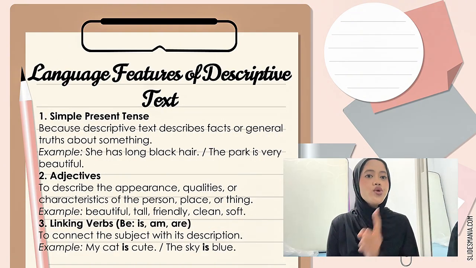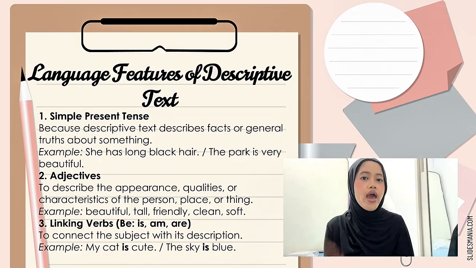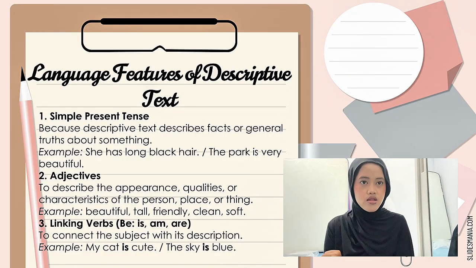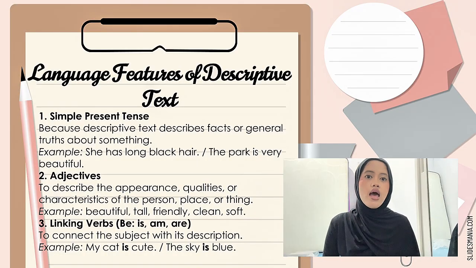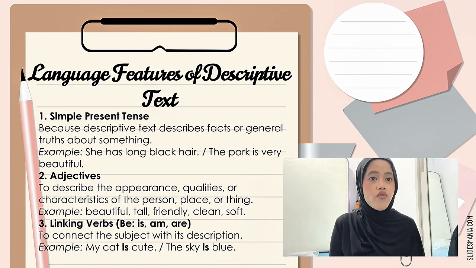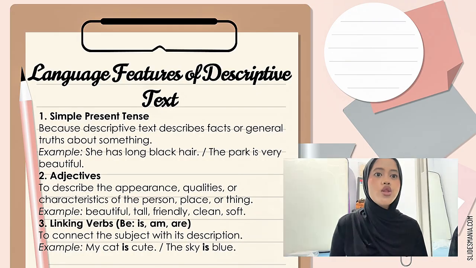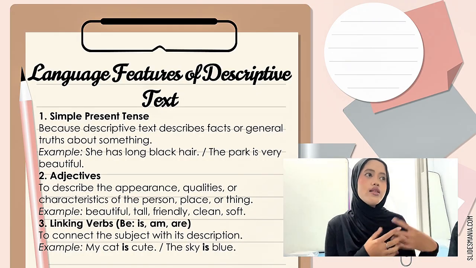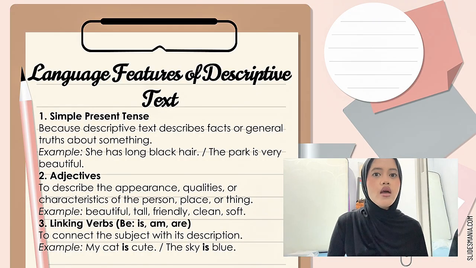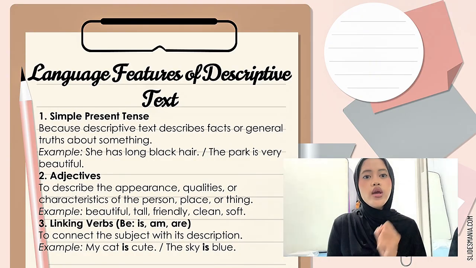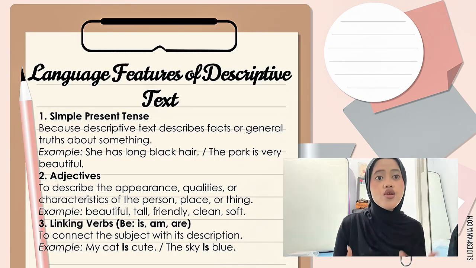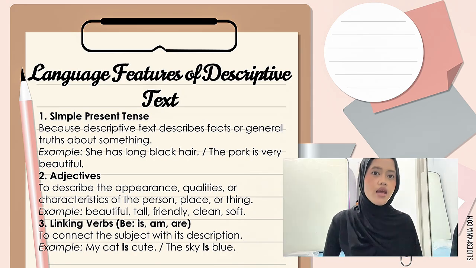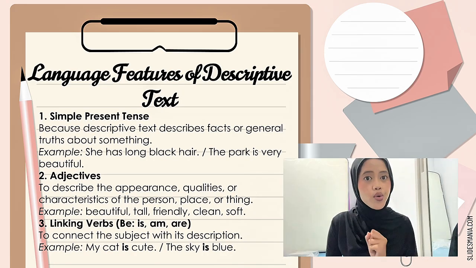Okay, to make a descriptive text, we have language features. Let's see what kind of language we usually use in descriptive writing. For the first, we must use simple present tense to express general truth. For the example, the sky is blue.